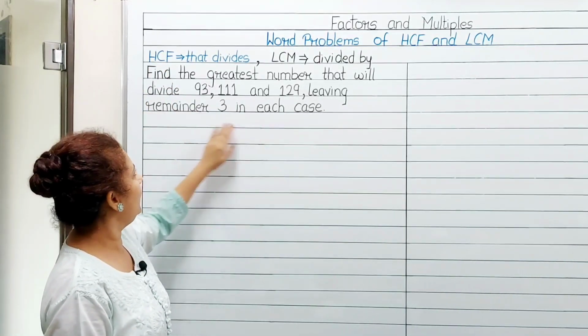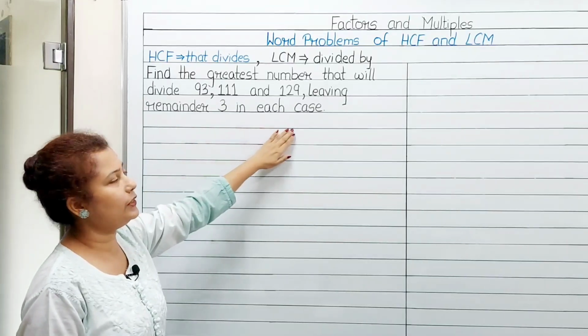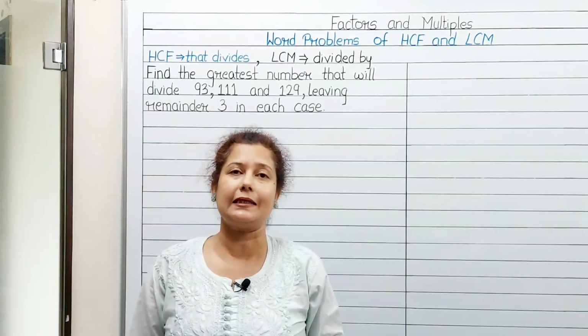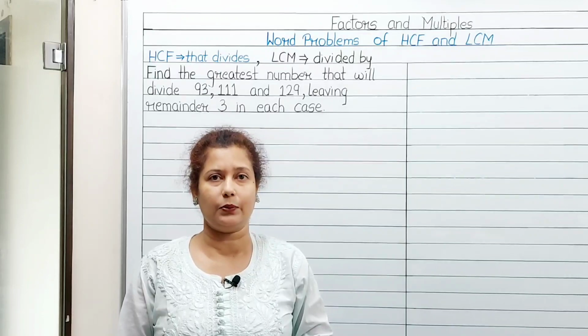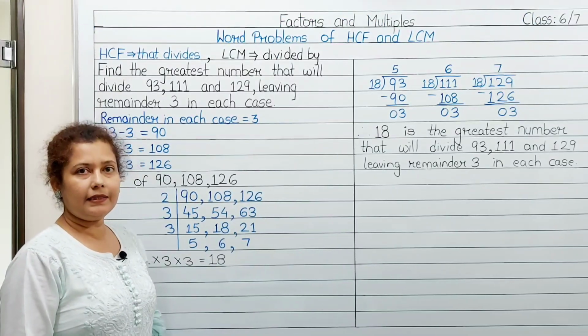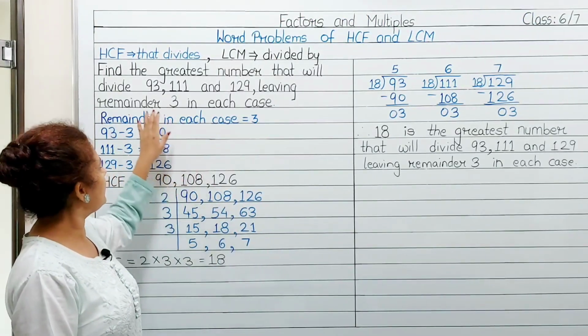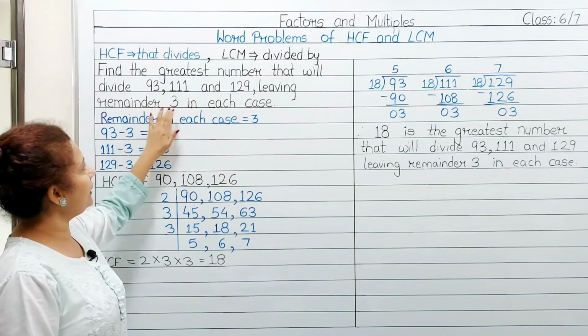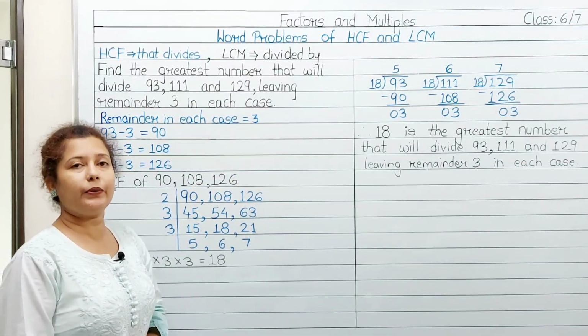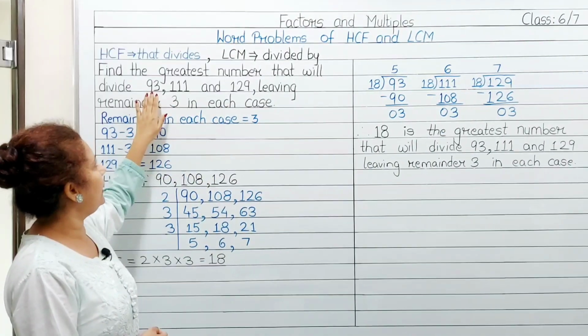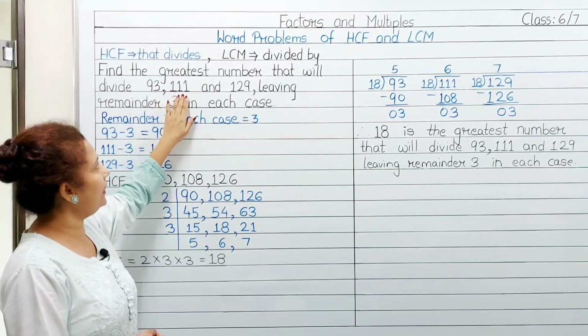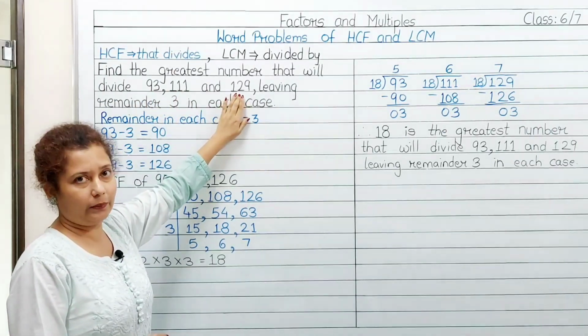Second thing is leaving remainder 3 in each case. So this sum is slightly different from the previous one. In this sum, we have to remember that it is given leaving remainder 3 in each case. So we do not have to find the HCF of 93, 111 and 129.